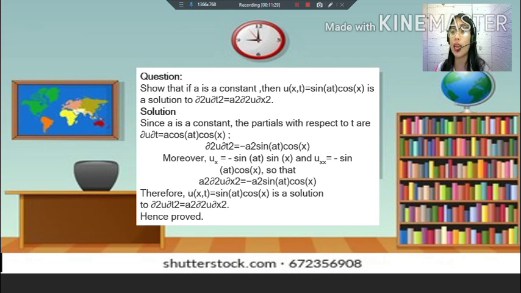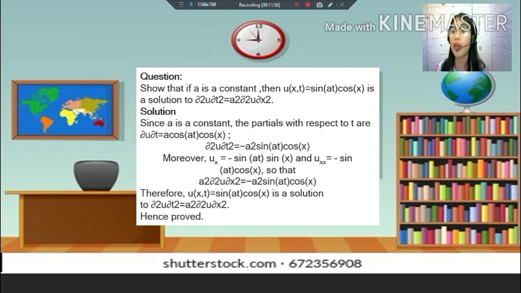Since a is a constant, the partial derivative of u with respect to t equals a cos of at times cos x. The second partial derivative of u with respect to t equals negative a squared sine of at cos x.